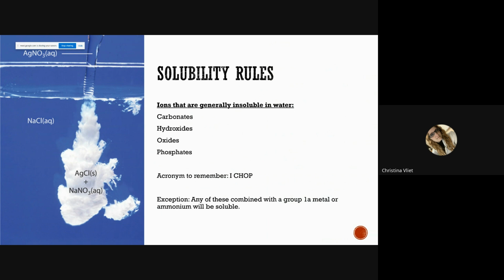All right, so proof, solubility rules. You need to memorize your insoluble salts: carbonates, hydroxides with some exceptions, oxides, and phosphates. And I made an acronym for this. This is a Miss Lead special: I CHOP.